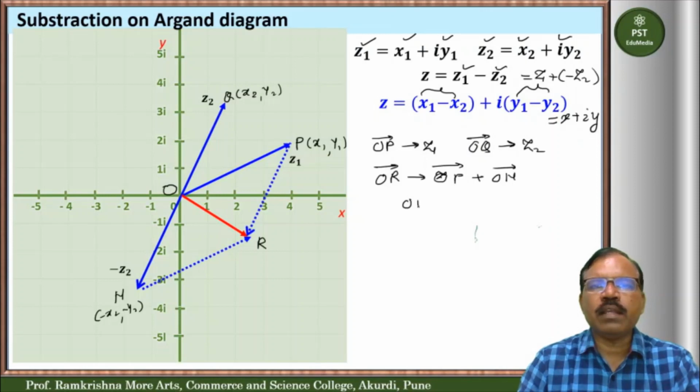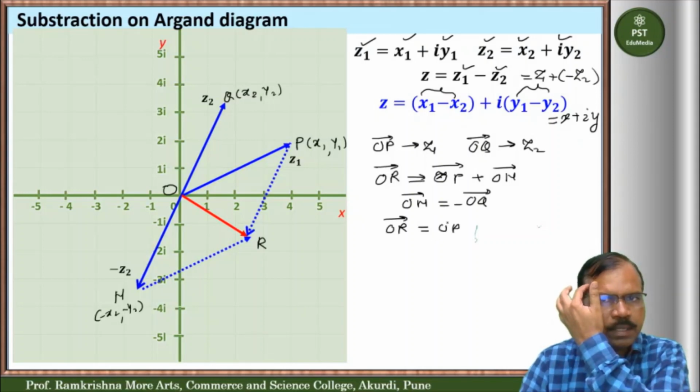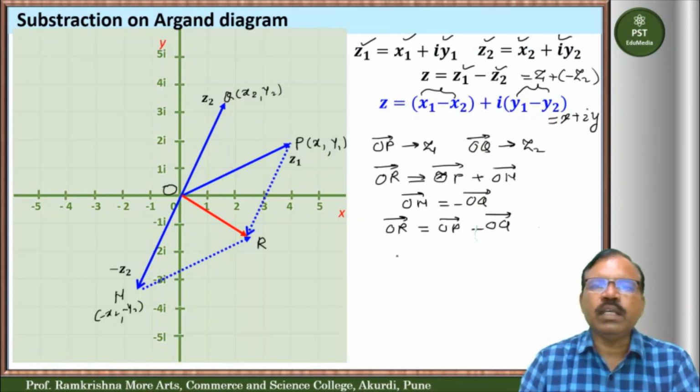But ON is equal to minus OQ. So I can write OR is equal to OP minus OQ. So here we have Z is equal to Z1 minus Z2.